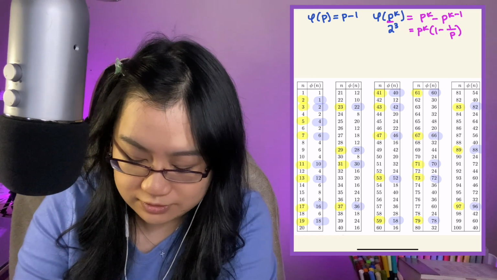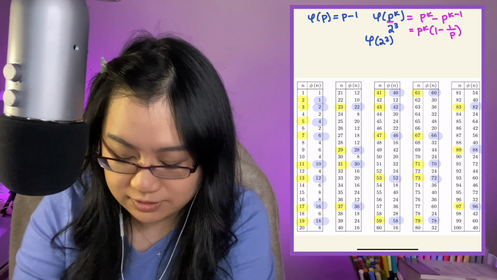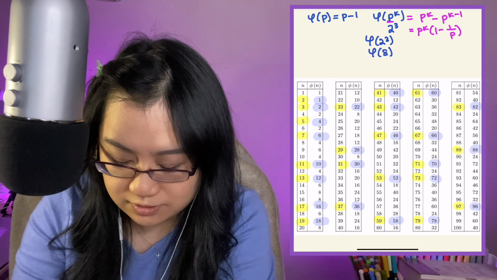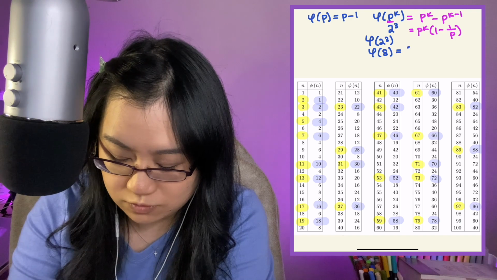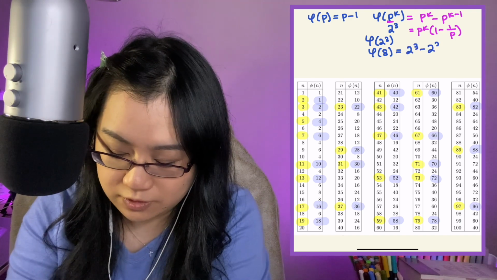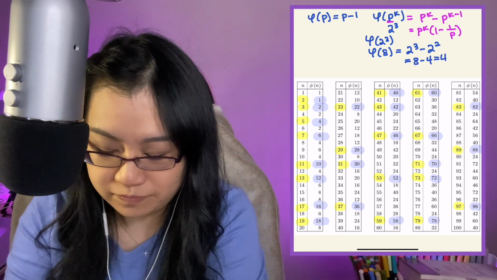So for instance, phi of 2 to the 3, which is 8, right? 2 cubed is 8. So phi of 8 is going to equal 2 cubed minus 2 to the 3 minus 1, which is 2 squared. So this would be 8 minus 4, which is 4.